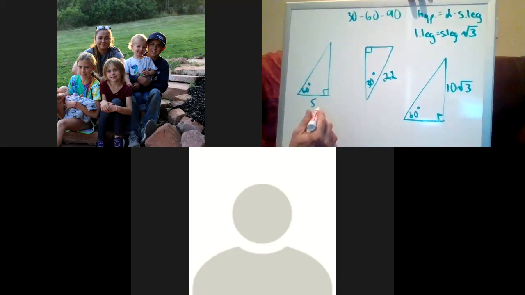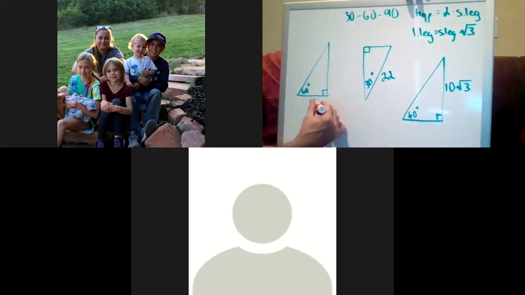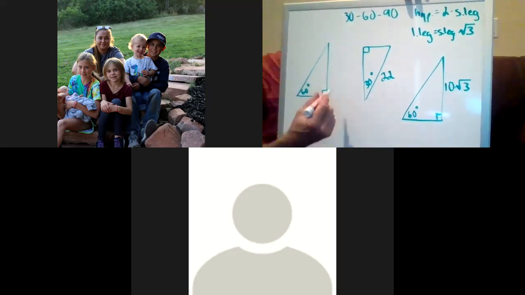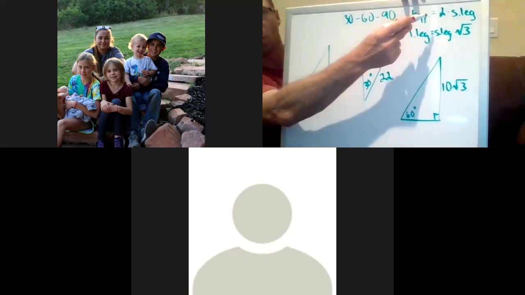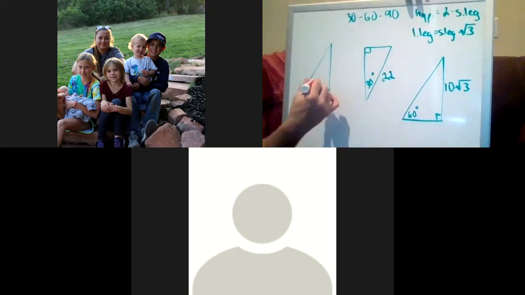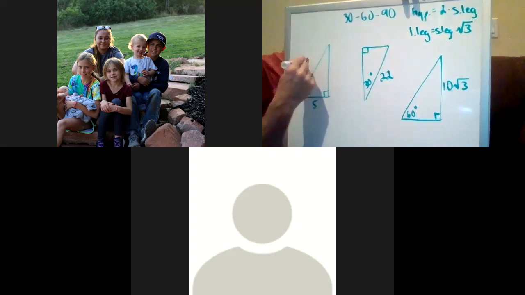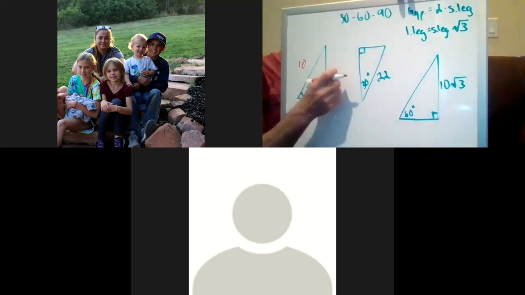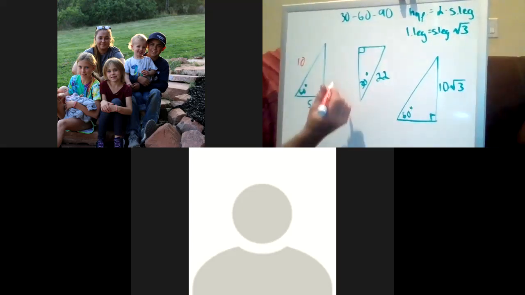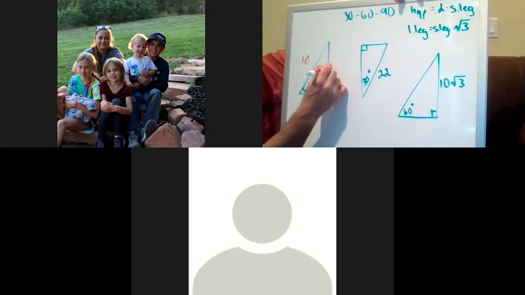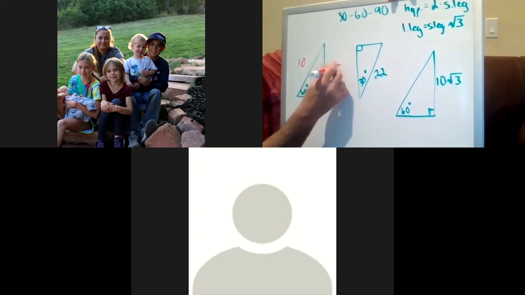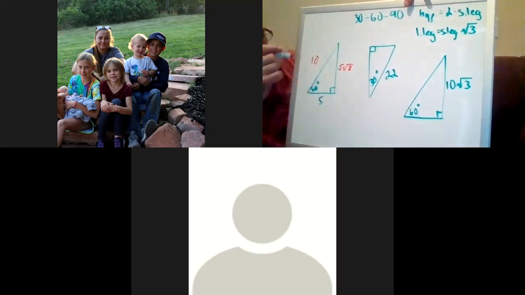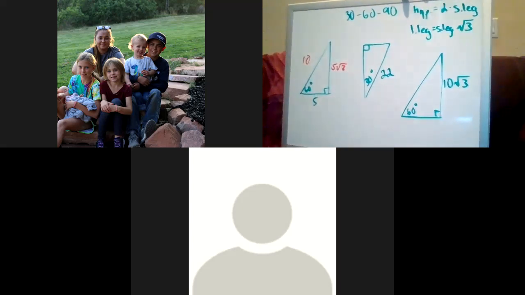Do I have the short leg, the long leg, or the hypotenuse? In this case, I've got my short leg. So what this first shortcut means is I can just multiply the short leg by 2 to get the hypotenuse. And this second equation means I can just multiply the short leg by root 3 to get the long leg. I write it as 5 root 3, and I'm good to go.